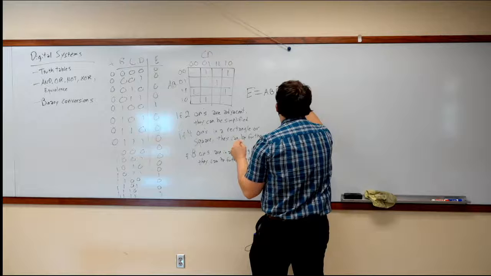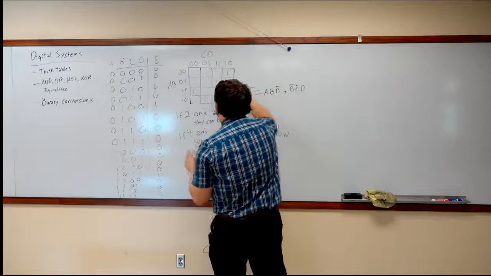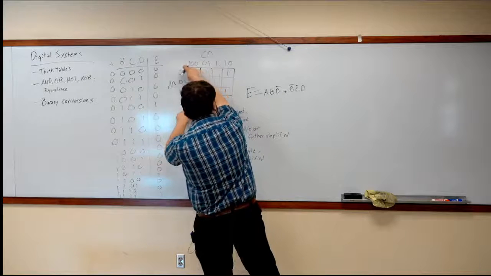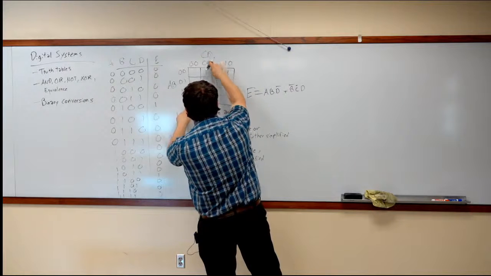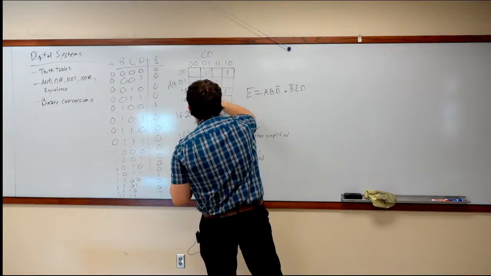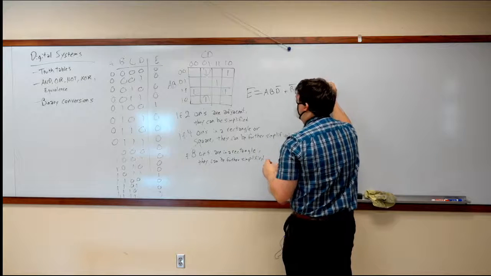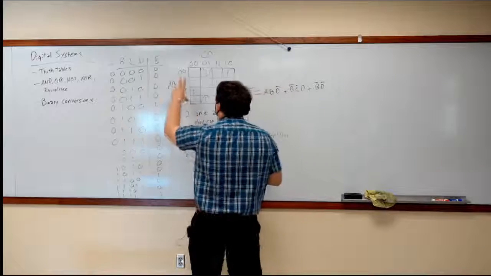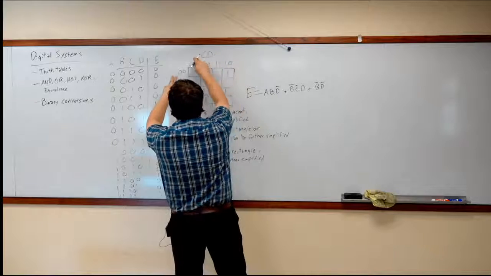B naught, C naught, D. Okay, so here we've got B naught is these two, C naught is this one, D, so that would be these two. Okay, what's the next term? B naught, D naught. So that would represent B naught is these two, and D naught is these two.